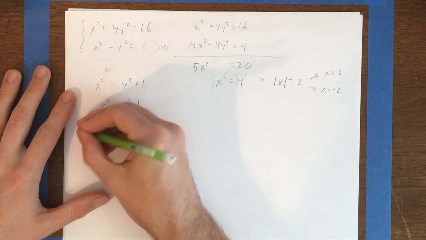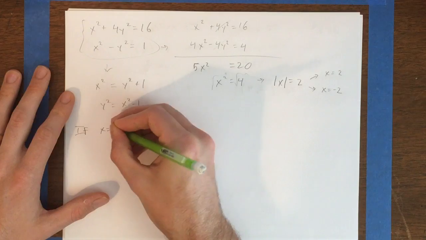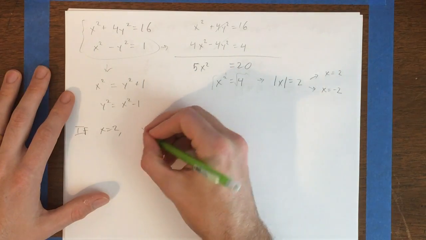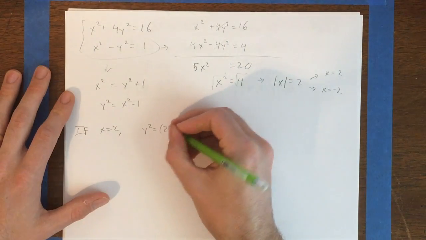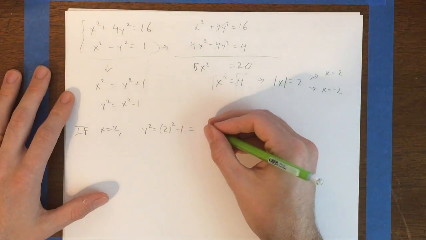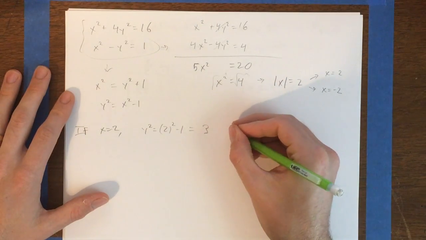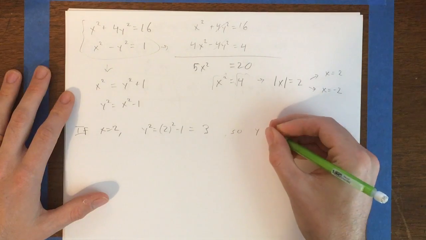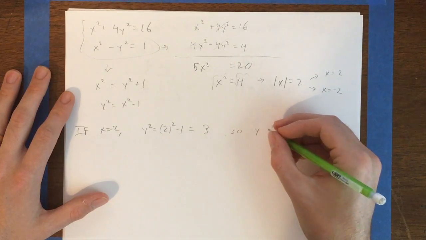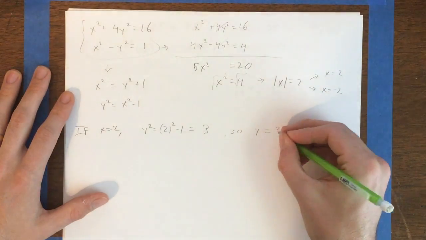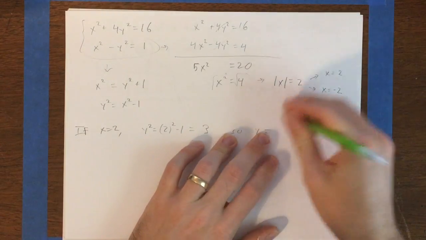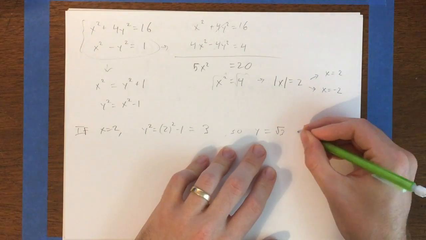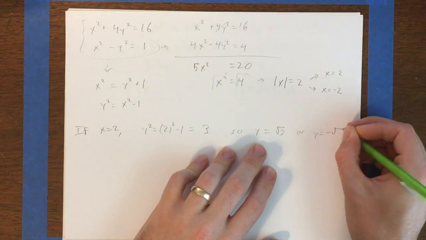So if x is 2, then y squared is 2 squared minus 1, which is going to be 3. So y, if we square root both sides, y will be the square root of 3, or y will be the negative square root of 3.